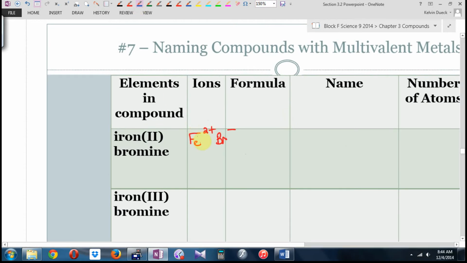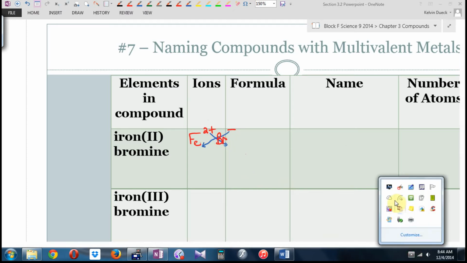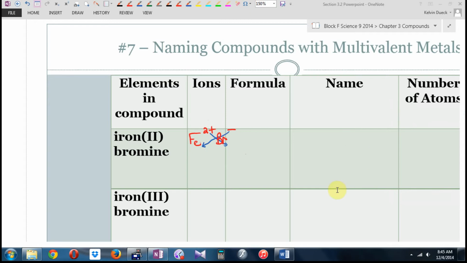What would the formula for iron 2 bromine be? Got more late people. So, what would the formula be? Well, there's going to be an Fe, there's going to be a Br. What number is going to be beneath the iron?